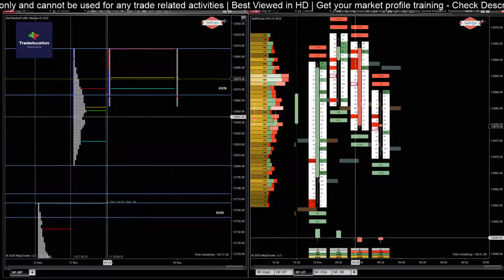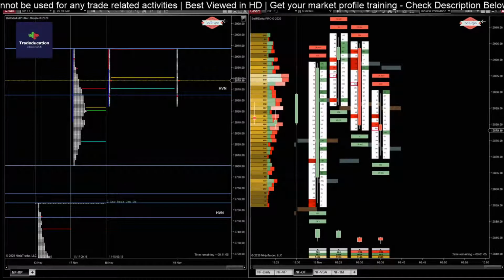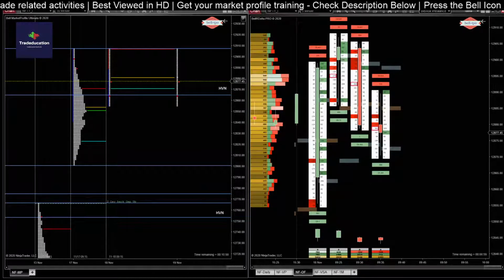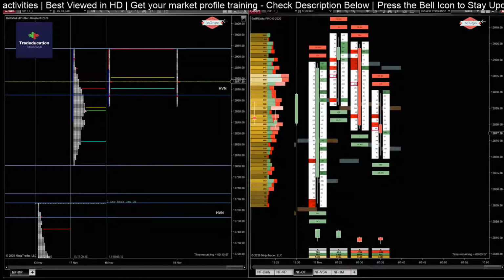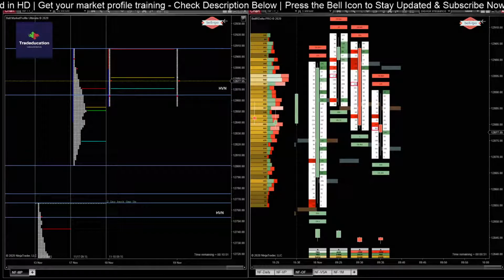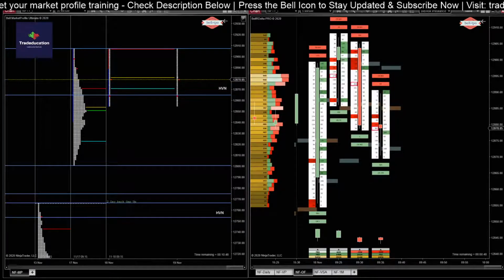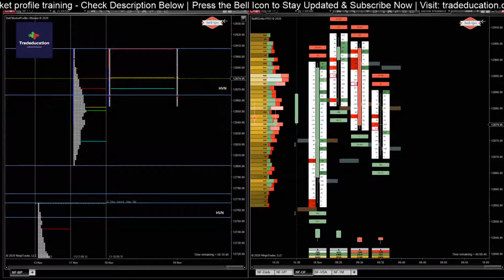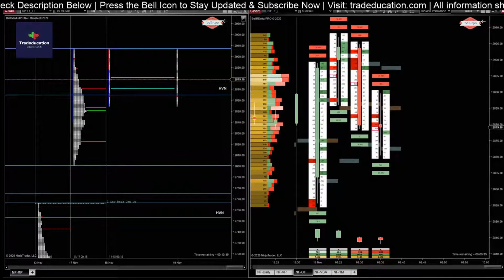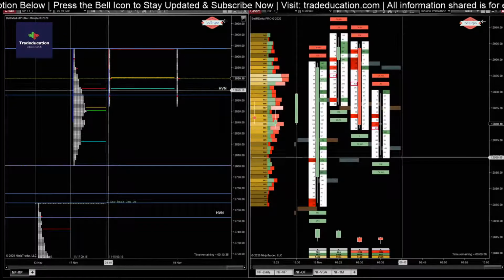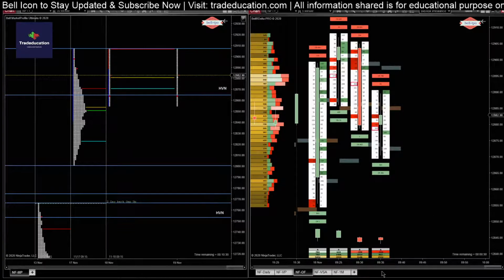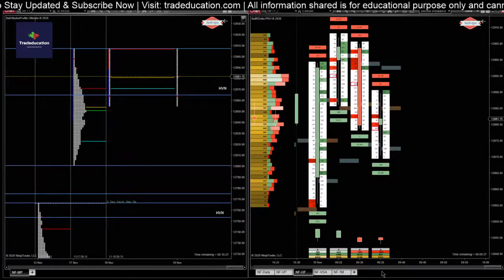Delta has shifted, delta has become negative. 44 seconds left before the current candle closes. Indecisiveness is going on. Volume flow is okayish, not so great, not so huge volume.